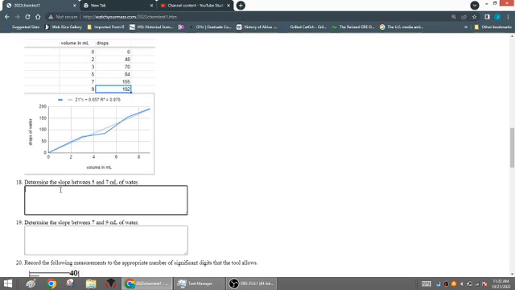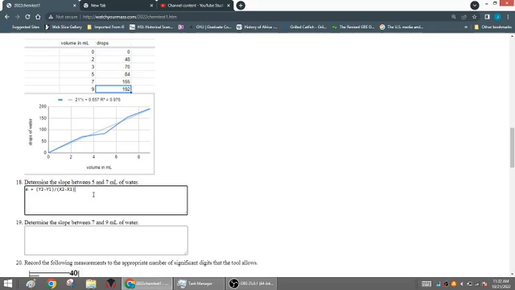I gave you the slope on the board, which is m equals y2 minus y1, divided by x2 minus x1. I wish I could display it better as a fraction, however, that's what we got.